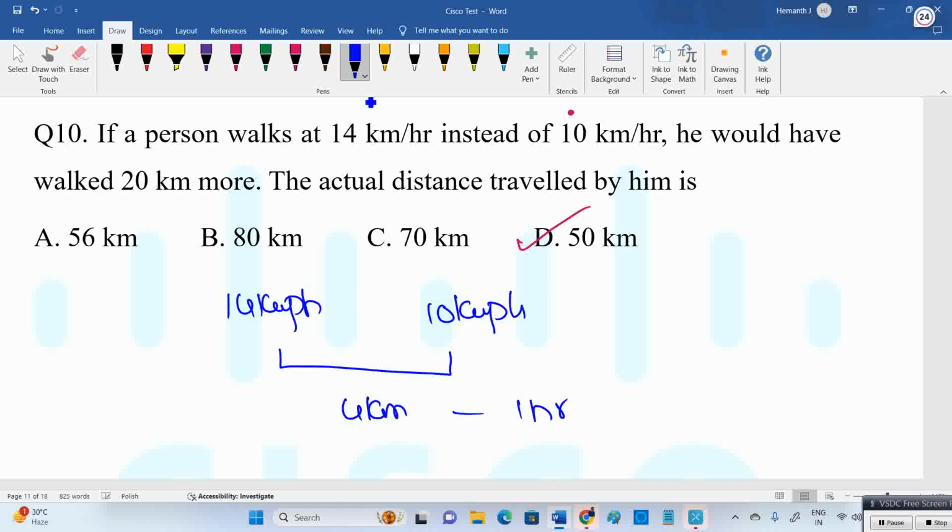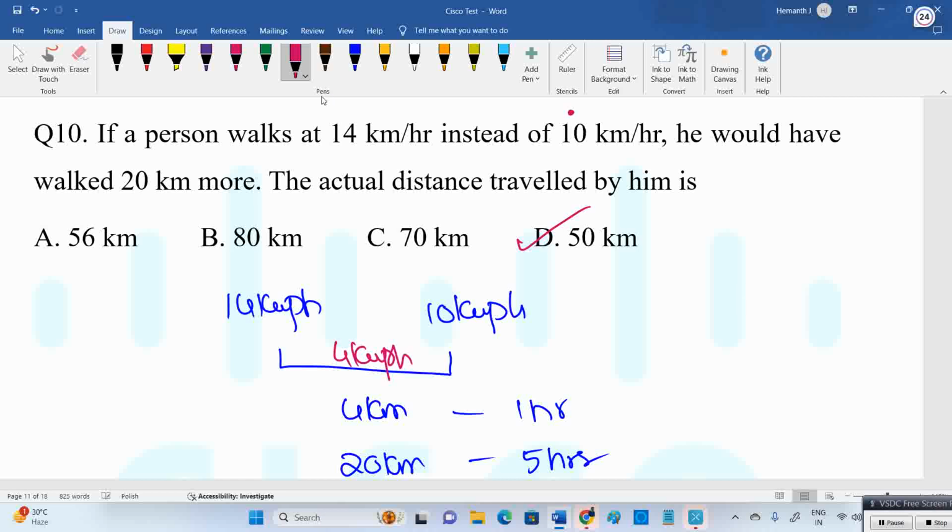But they said the distance is 20 kilometers, which means 5 hours. So with 10 kilometer per hour, some distance you travel. With 14 kilometer per hour, some distance you travel. With 14 it is 20 more than with the first speed, right? I'm going in a simple way, not using a formula.